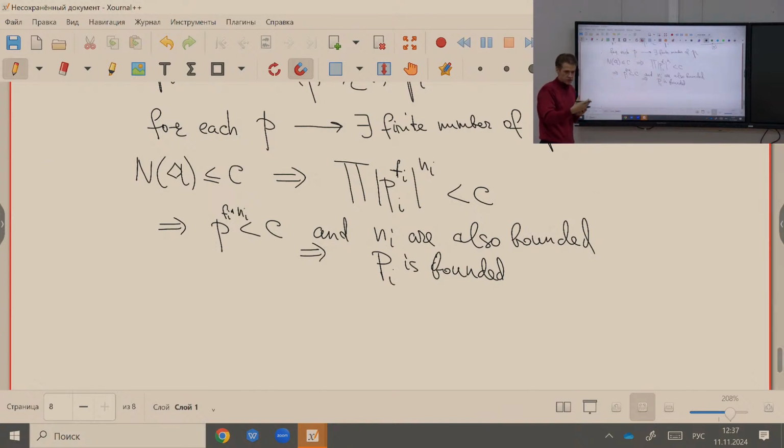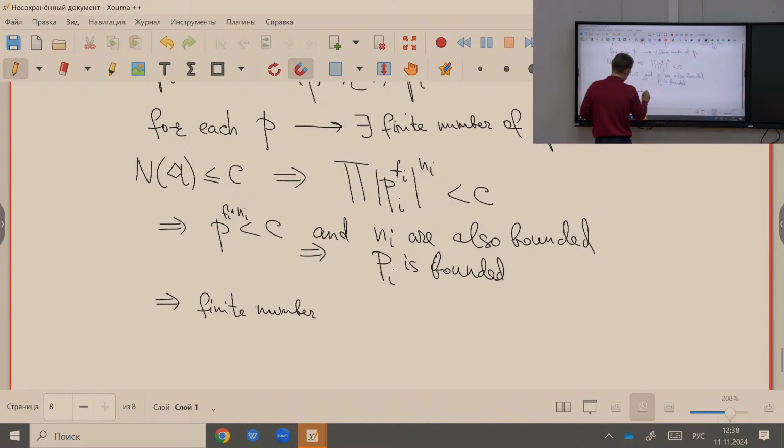There is only a finite number of bounded prime numbers and bounded integers here, and for each prime there is only a finite number of p_i possible. So this means that we have a finite number of possibilities. But we should say something like, if we have two elements equivalent in the class group, then their norms are equivalent.